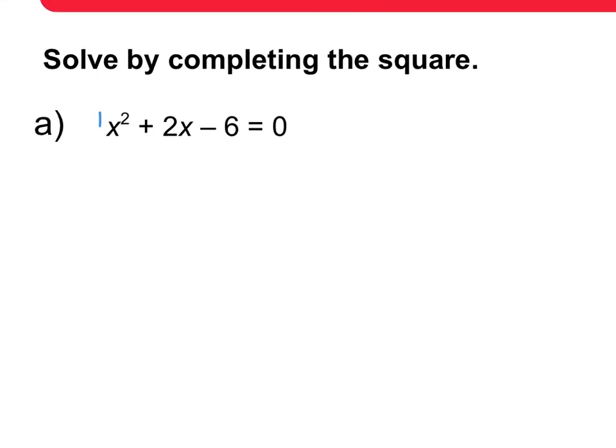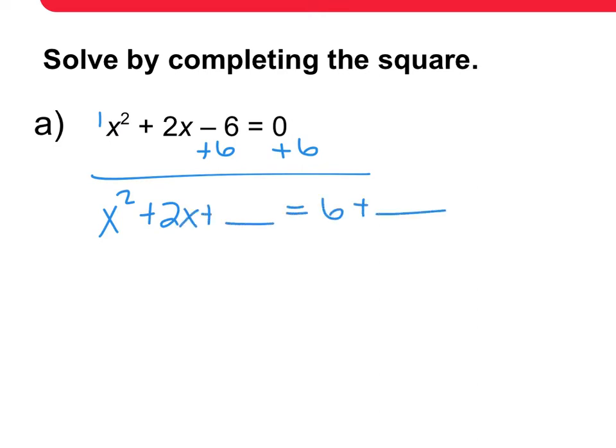So here we have a leading coefficient of 1, that's good, but I need to move this 6 over to the other side. So then it's going to give us x squared plus 2x plus blank equals 6 plus blank. So then to create my binomial squared here, I'm going to take half, so I'll have x, and then half of 2 is a positive 1.